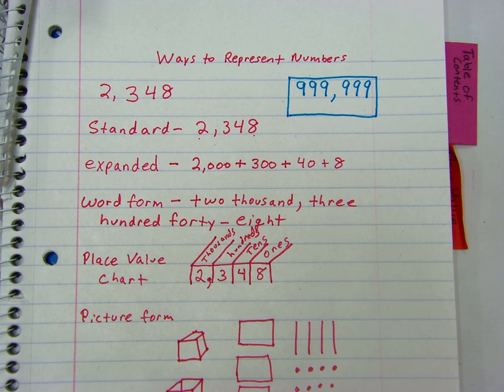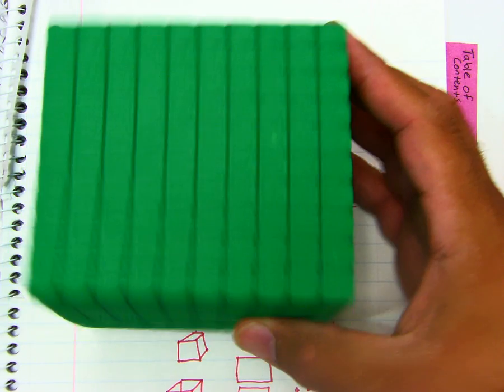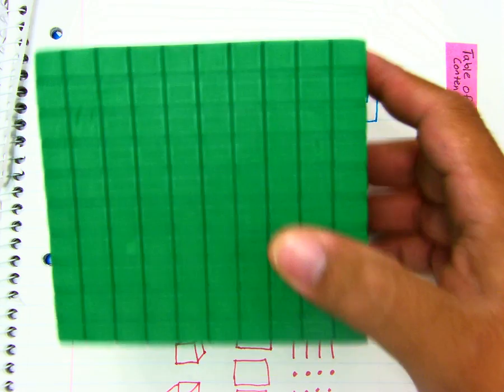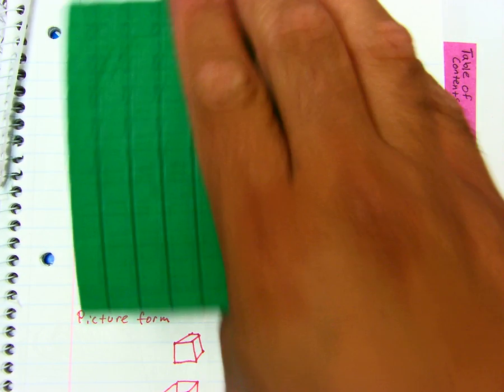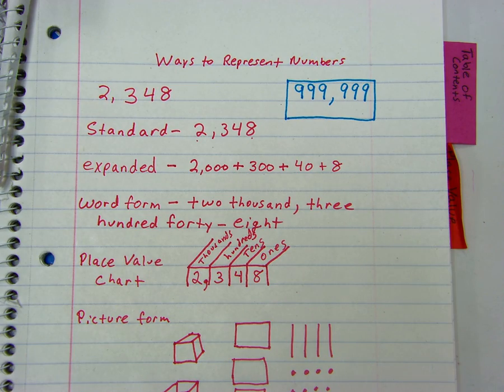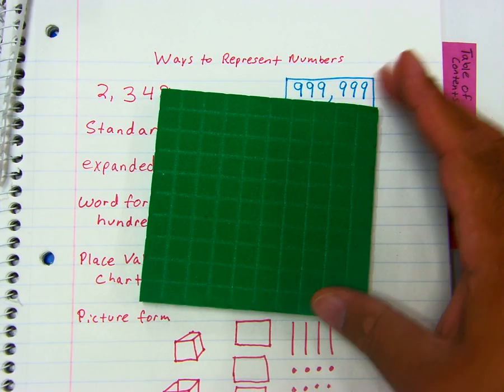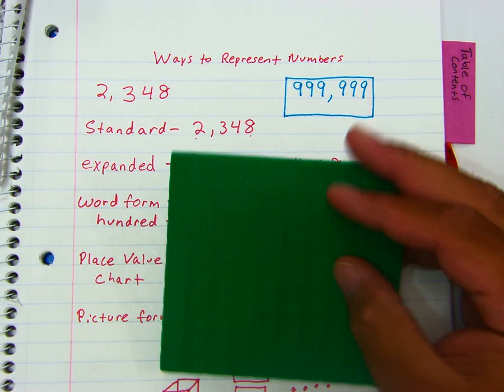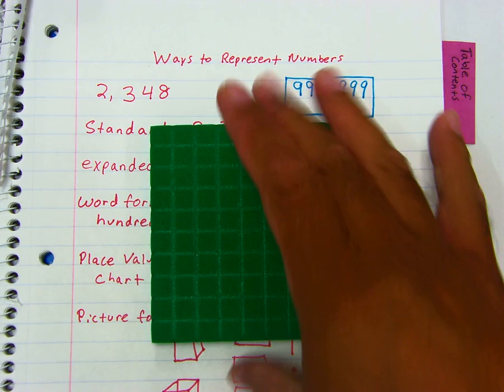So just to let you know that we do use our base 10 blocks. This right here is going to represent our thousands block. It's a cube. There's 1,000 units in that. This is our flat. This is our hundreds block. So there's 100 units in this one.